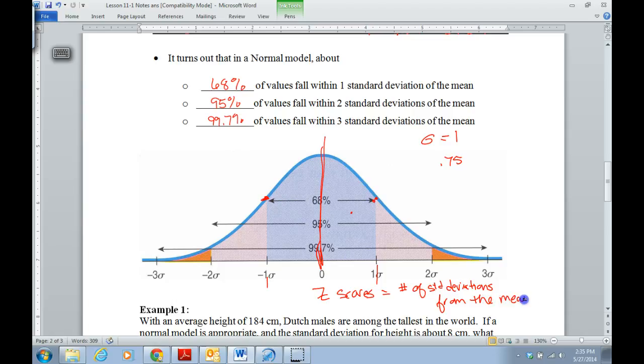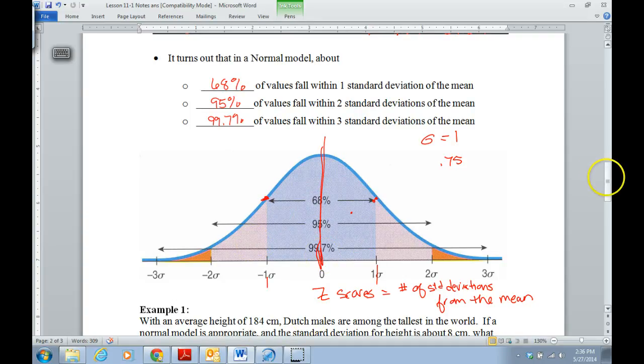Okay? So, I'm going to show you an example, and I think with the example, it'll make more sense in a minute. But basically, this is telling us the amount of the population that is between certain z-scores.